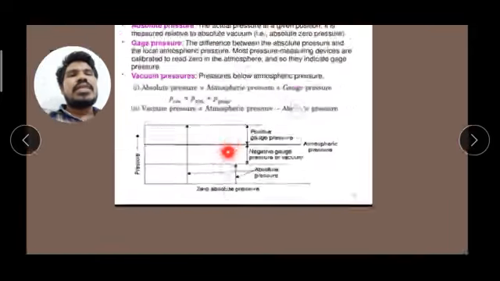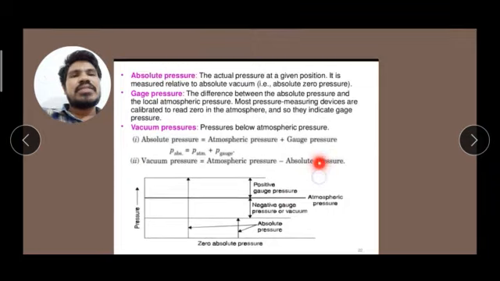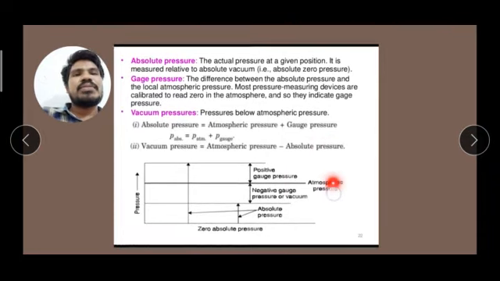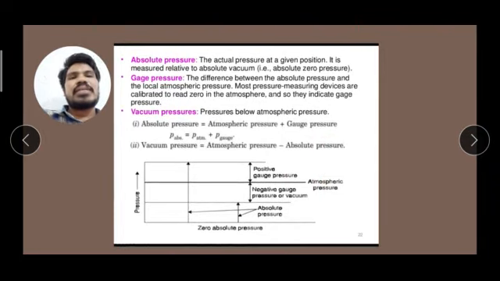And these pressures are divided into three types. One is the absolute pressure, the gauge pressure, and the vacuum pressure. The absolute pressure, the actual pressure at a given position, is measured relative to absolute vacuum, that is absolute zero pressure. And gauge pressure, the difference between the absolute pressure and the local atmospheric pressure.